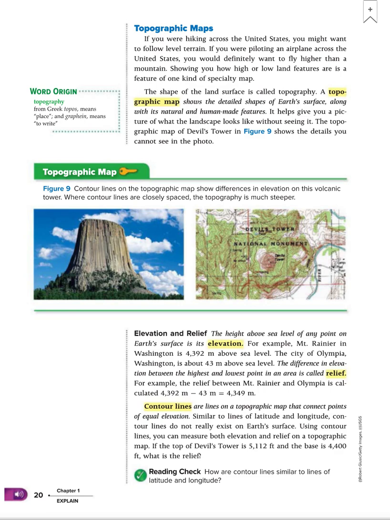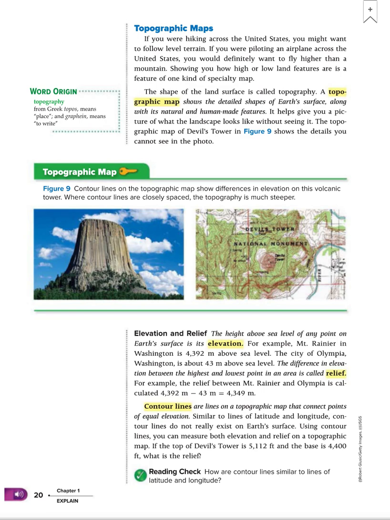So let's talk about elevation and relief. The height above sea level of any point on Earth's surface is its elevation. For example, Mount Rainier in Washington is 4,392 meters above sea level, and the city of Olympia, Washington, is about 43 meters above sea level.